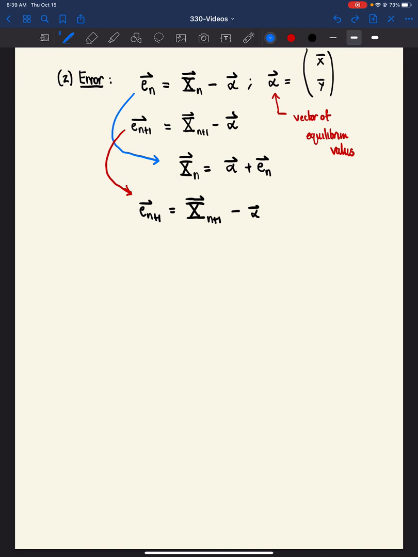So similar as before, if you flip back a page, this is just equal to our iterative function, g, evaluated at the previous iteration values.